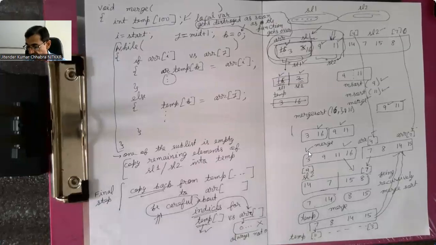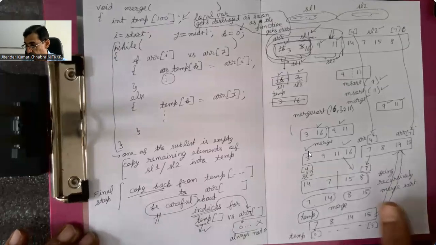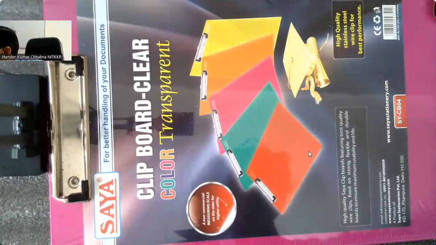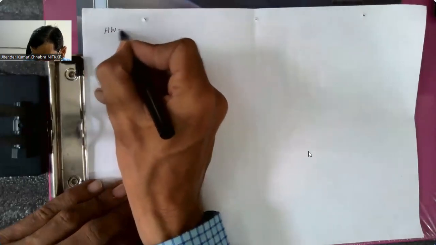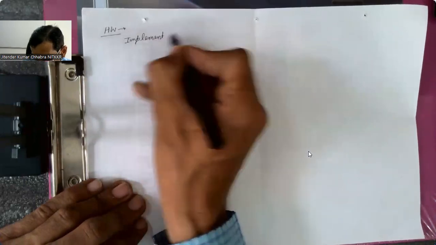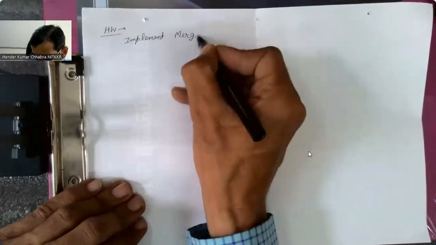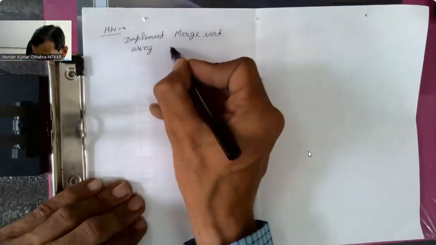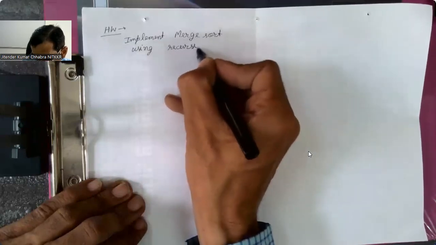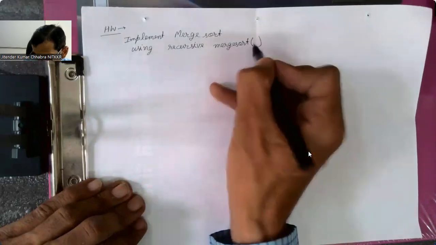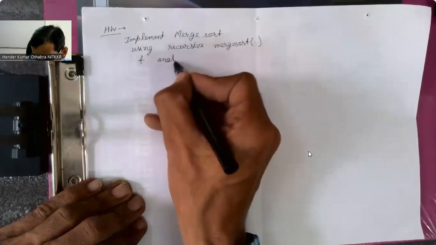Having said that, now I think I will stop, and you know what you have to do. You have to do your homework, and your homework is simple. You are all well aware what to do. What you have to do is simply try to implement merge sort recursively, using a recursive merge sort function, and another function, merge.